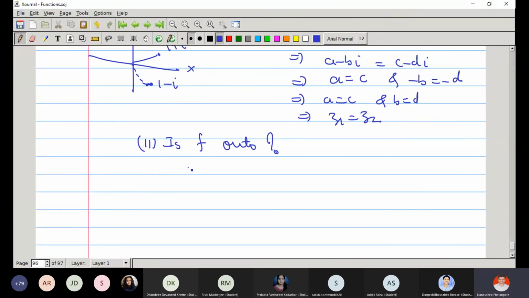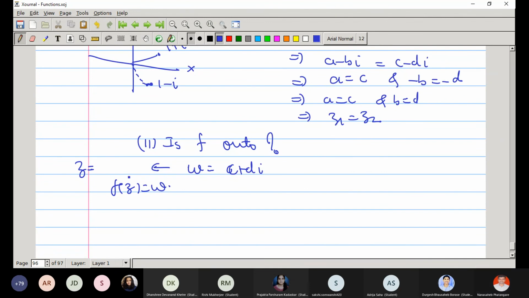For example, if you look at w equal to c plus di in the codomain, can you produce a pre-image z so that f of z is equal to w?